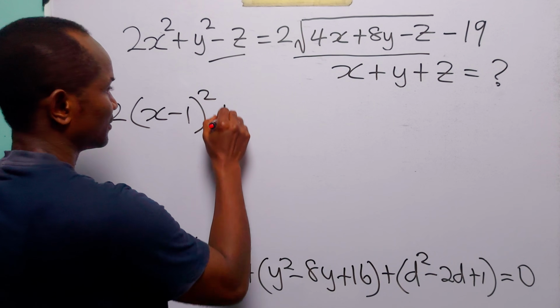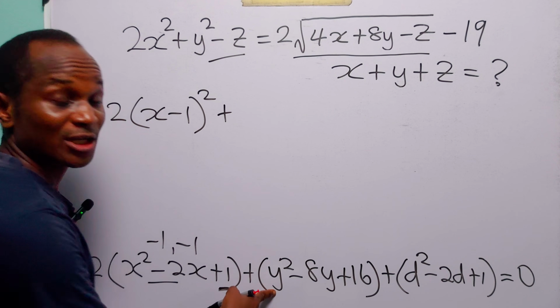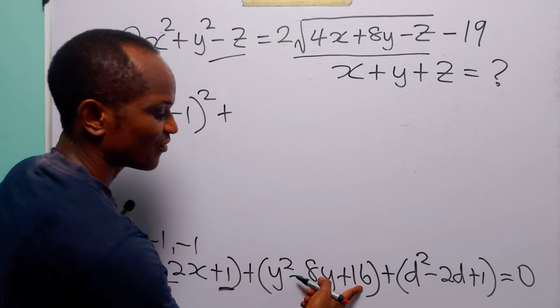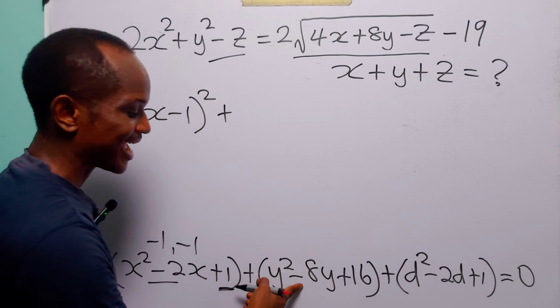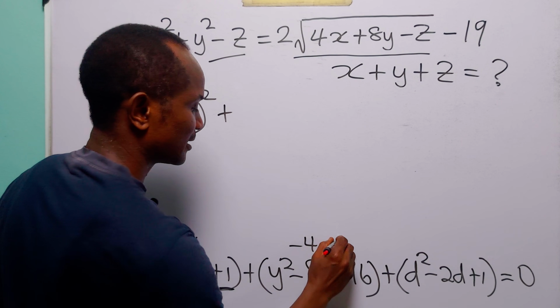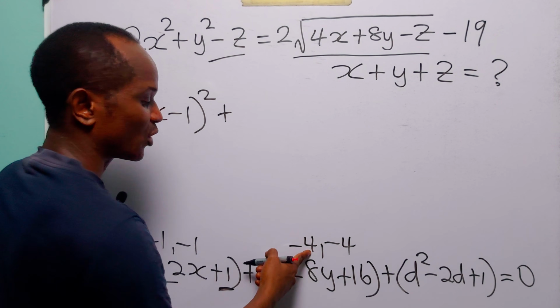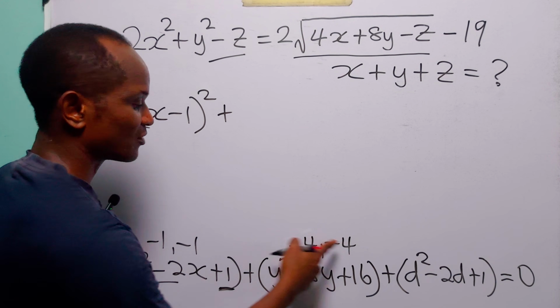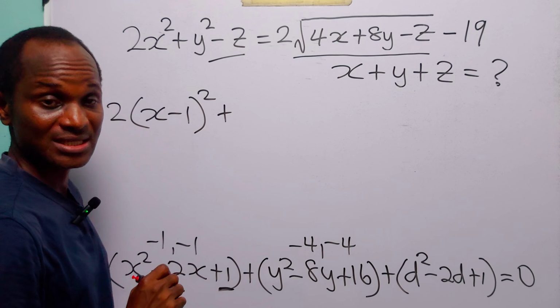squared. Now, here, once more, the coefficient of y squared is 1. So all we need to do is to find the factors of 16 that add up to minus 8. We have minus 4 and minus 4. Minus 4 times minus 4 is plus 16, while minus 4 minus 4 is minus 8.